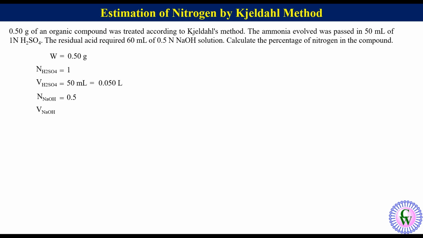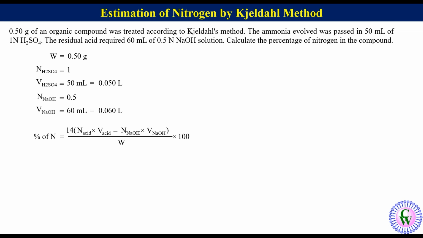Volume of NaOH is equal to 60 ml, that will be equal to 0.060 liter. We know that percentage of nitrogen is equal to 14 into normality of acid into volume of acid minus normality of NaOH into volume of NaOH upon capital W into 100.